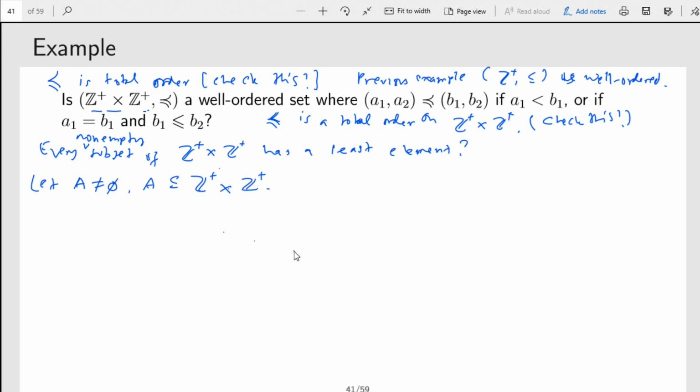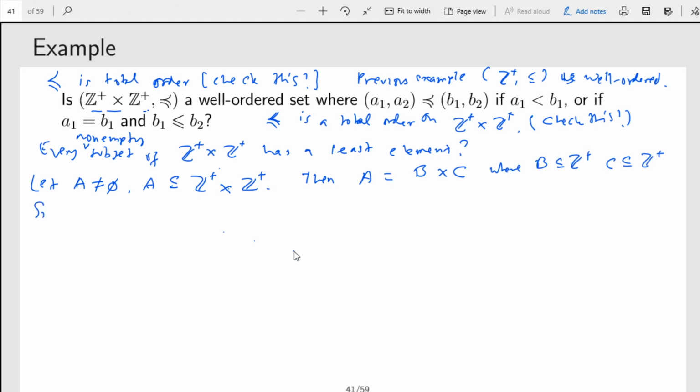Because A is a subset of the set of pairs, A is a set of pairs, so we could write that A is equal to B times C, where B is a subset of C plus and C is also a subset of C plus.